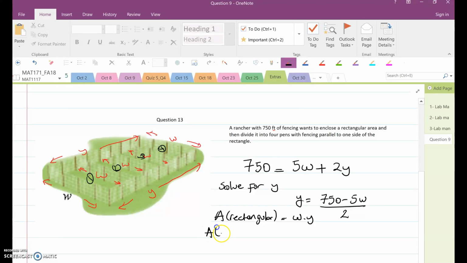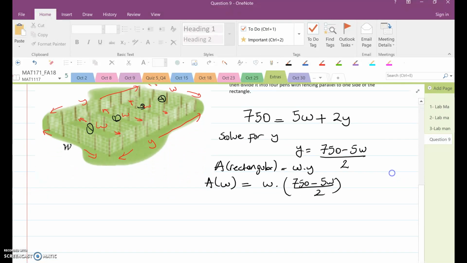So then they want it as a function of W. So W times 750 minus 5W over 2. And then we can further go along as 750 over 2 W minus 5W squared over 2.